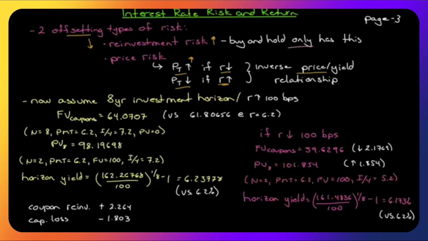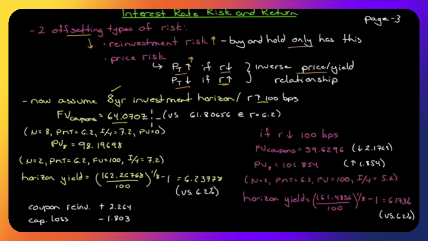Let's revisit our 4-year investment horizon investor, and let's extend that investment horizon to 8 years now. Remember, at 4 years, the return was 5.2 versus 6.2 because rates had changed. So we're going to increase interest rates 100 basis points.